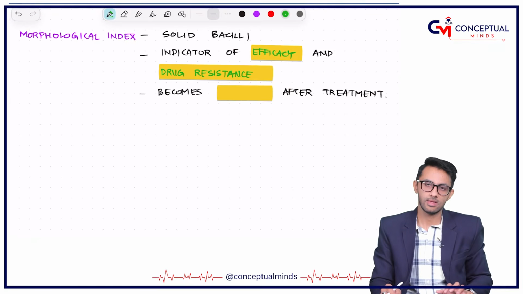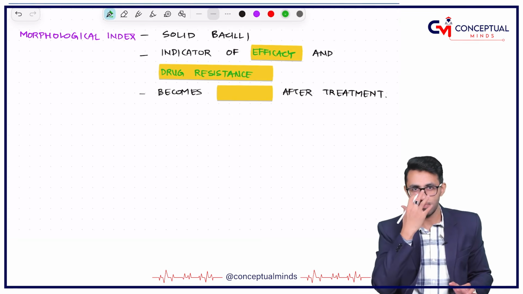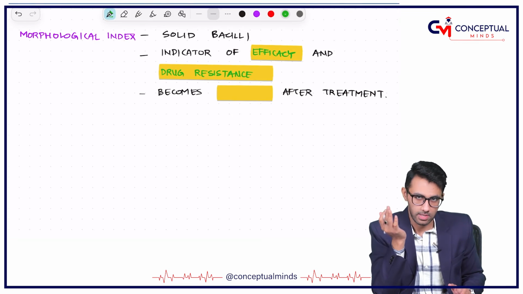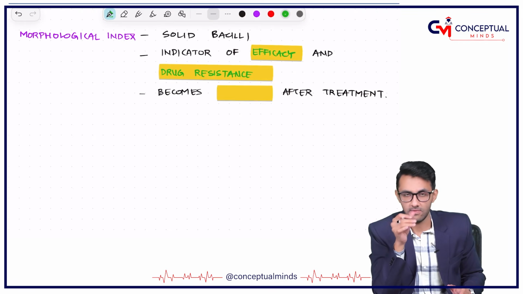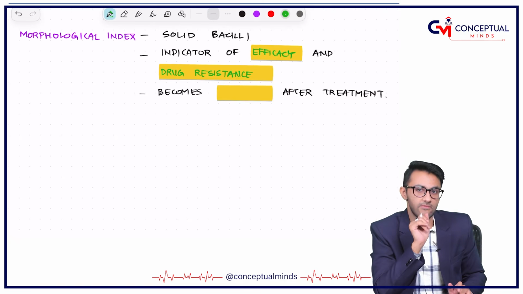Okay, fine. So we can definitely check how well the patient is responding, how well the drugs are working. If you want to check that, which index will you check, bacterial index or morphological index? The morphological index, right? The morphological index includes what? The solid form. Solid form is the live form.